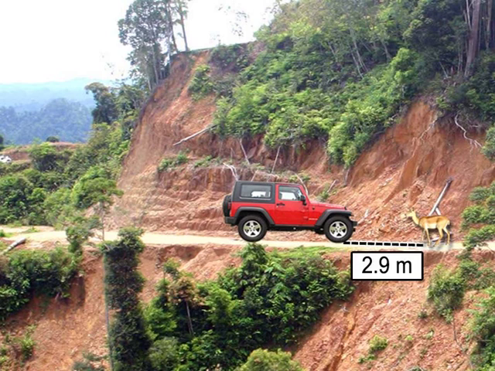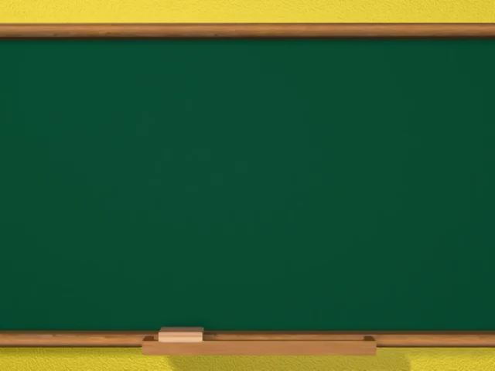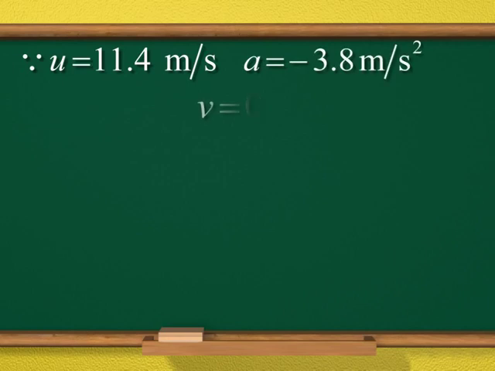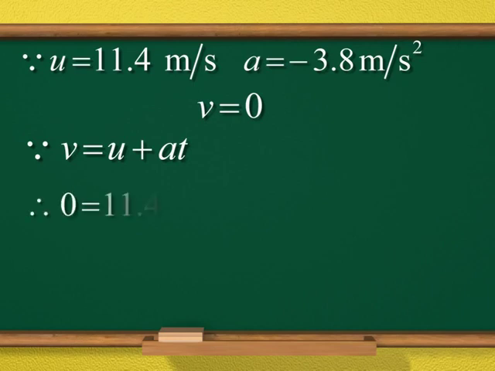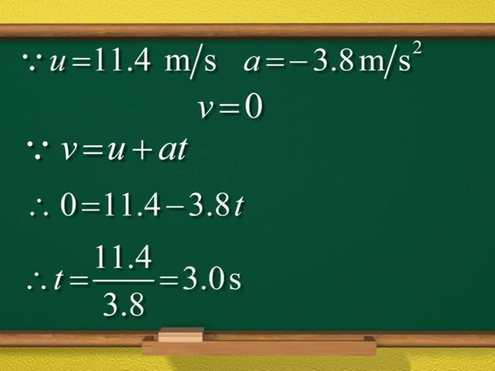In the same problem, how much time is required for the ranger's vehicle to stop? Using first equation of motion, that is v equal to u plus a t, and substituting the given values, we get 0 equal to 11.4 minus 3.8 t, which gives time t equal to 3 seconds.